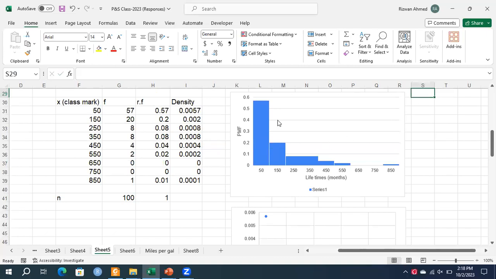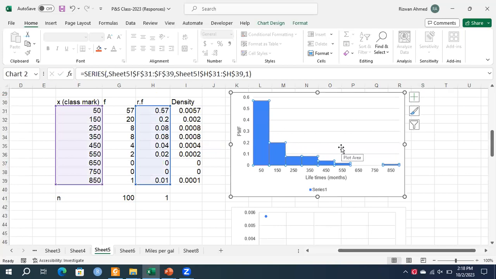When you have the probability mass function for a discrete variable, in that case you are not allowed to join the points, right? So please keep the difference in mind. Probability mass function is a representation for a discrete variable, and probability density function is a representation for a continuous variable.